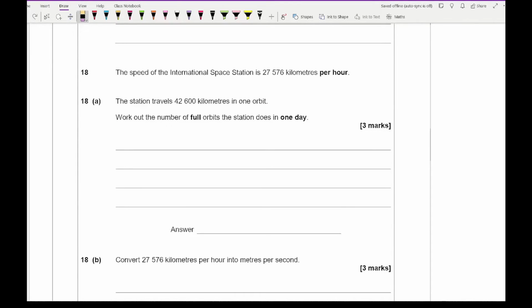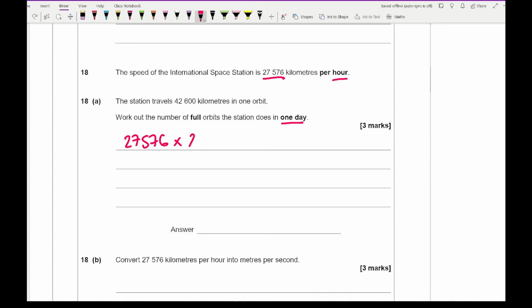Then moving on to question 18, it says the speed of the International Space Station is 27,576 kilometers per hour. The station travels at 42,600 kilometers in one orbit. Work out the full orbits the station does in one day. So for this, we want to take the speed and multiply that by the time in one day in hours.